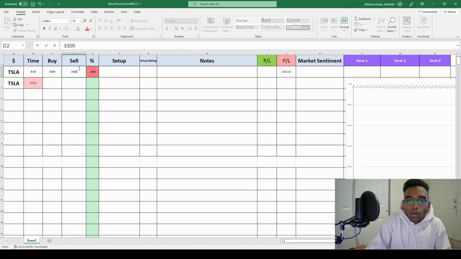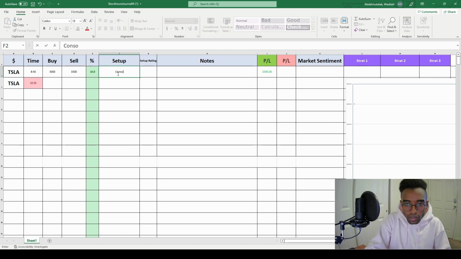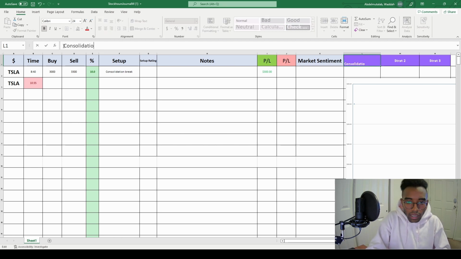Now what this helps me with the setup is writing down exactly what setup it was. So let's pretend it was a consolidation break. The strat one will be consolidation break, and the more consolidation breaks I take, the better I'll be able to recognize whether I do good in that trade or bad.